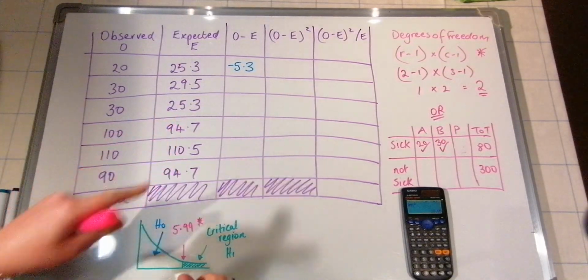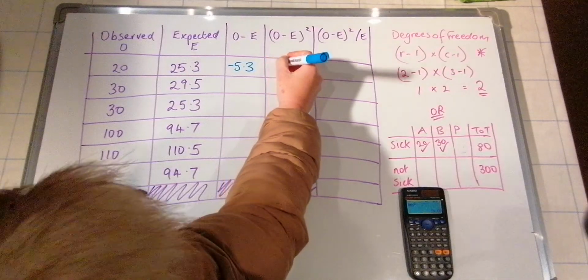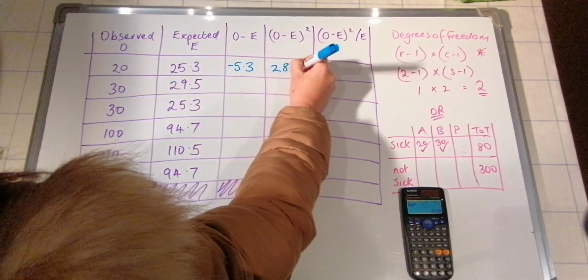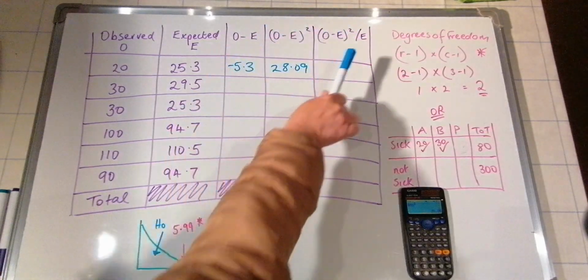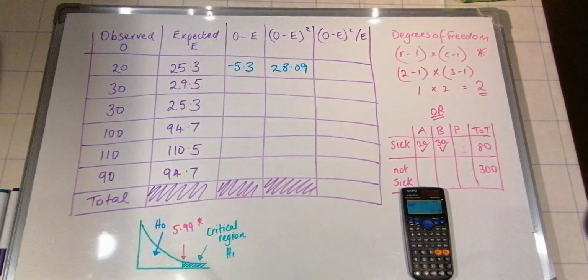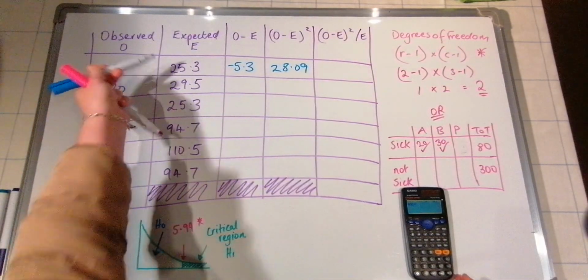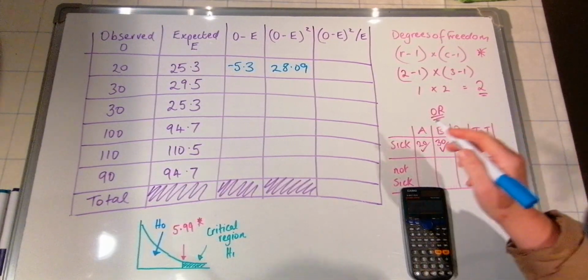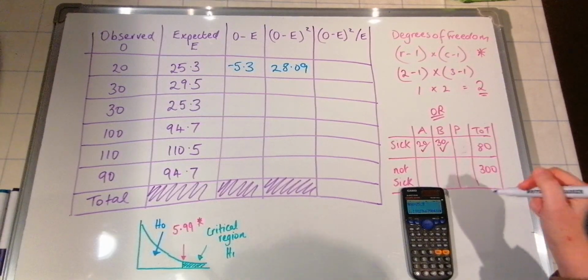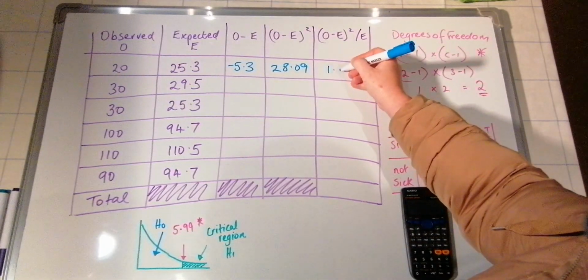So if I square negative 5.3, I'm going to get 28.09. Then I have to divide that 28.09 by my expected value, 25.3. Let's use 2 decimal places on here, and I'll get an answer of 1.11.